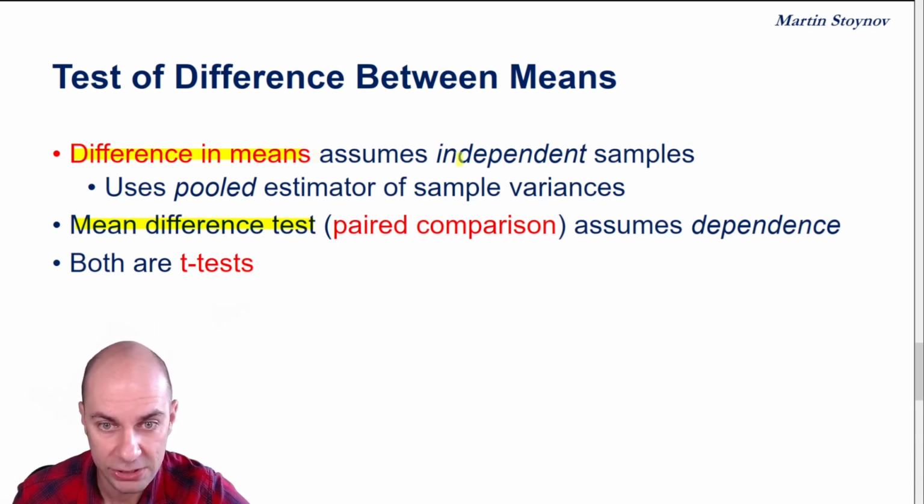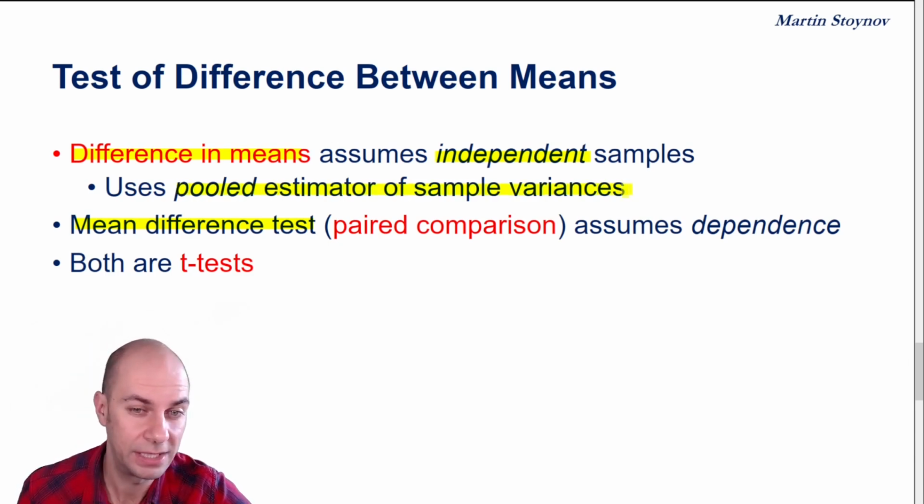Difference in means is going to assume that the samples are independent, and it may assume that the standard deviations are the same or different. If you assume that they are the same, then you use what's known as the pooled estimator of the sample variances.